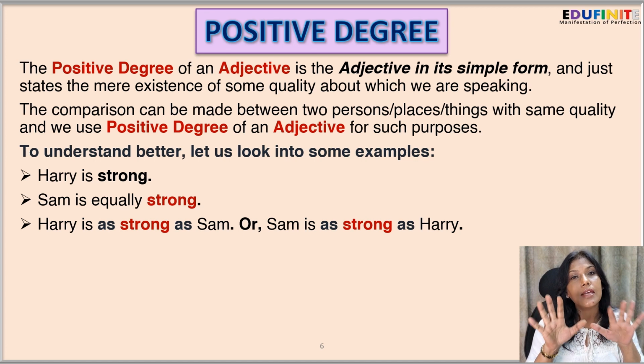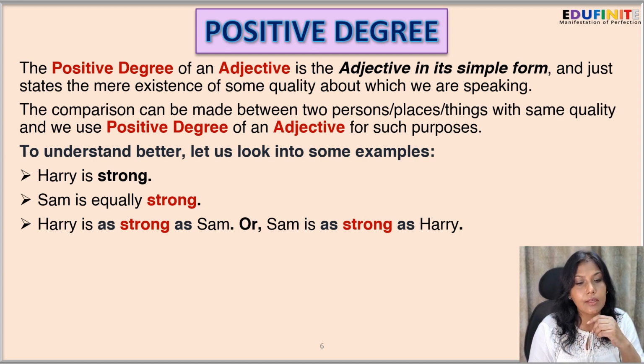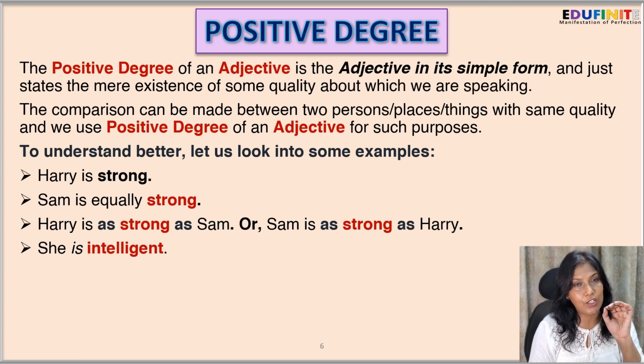Both the sentences have the same meaning because they are equally strong. Next, she is intelligent. So over here we have a pronoun she, which is the subject, and it is being modified by the word intelligent, which is the adjective. So she is intelligent. That is one of her qualities.